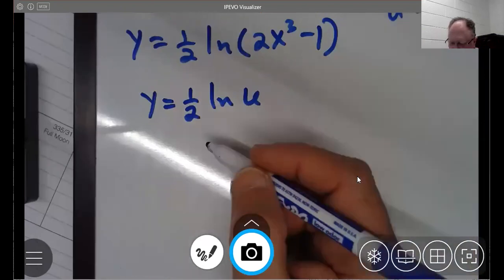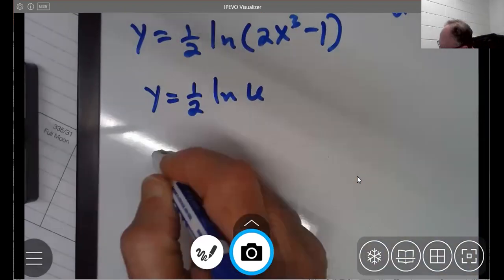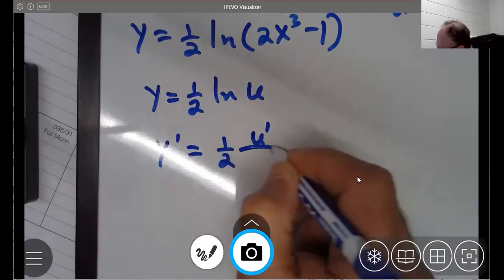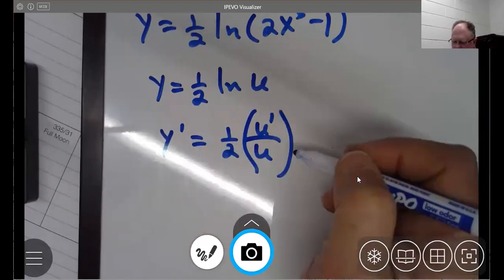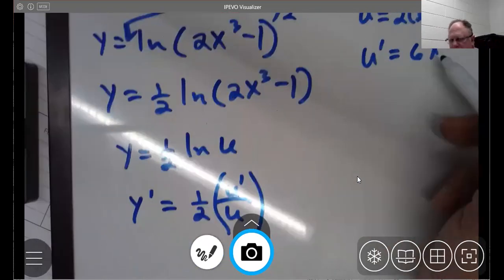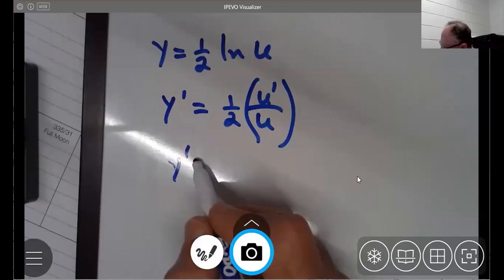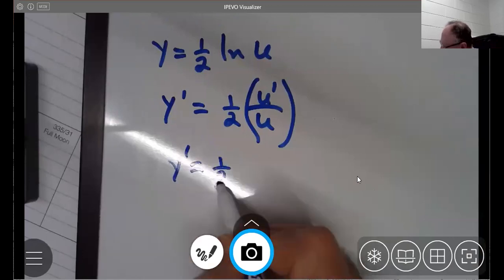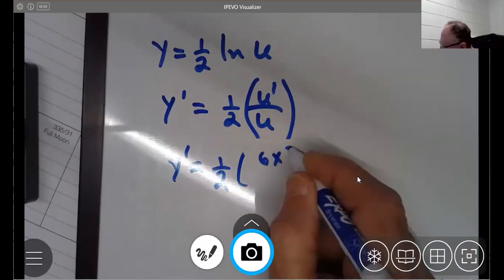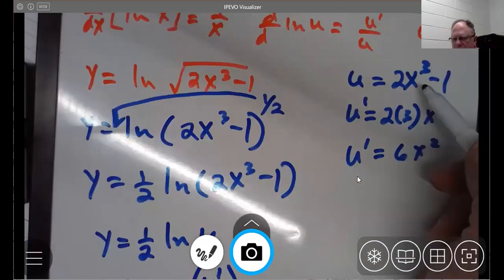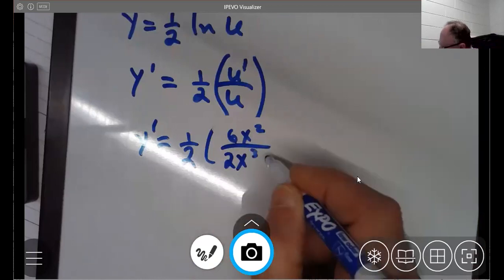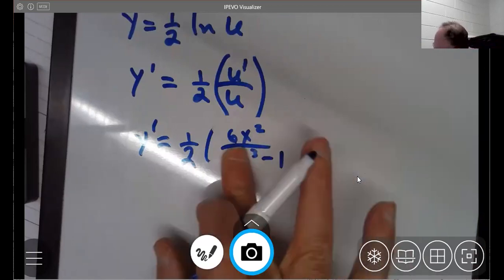All right, so now if we apply the derivative, y prime becomes 1/2 times u prime over u. We said that u prime is 6x squared, so y prime equals 1/2 times 6x squared over u, which we said was 2x cubed minus 1. Let me make this a little bigger.